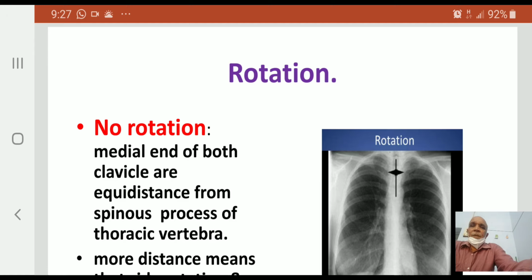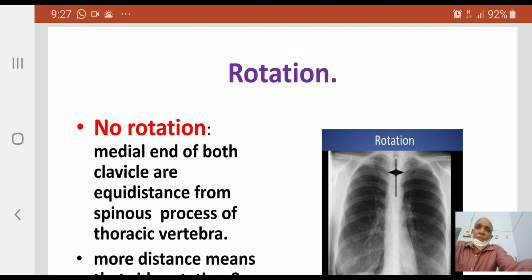We can take it as a point of reference for rotation. So when there is rotation in a chest X-ray, we don't make any comment on any lesion visualized on the chest X-ray.